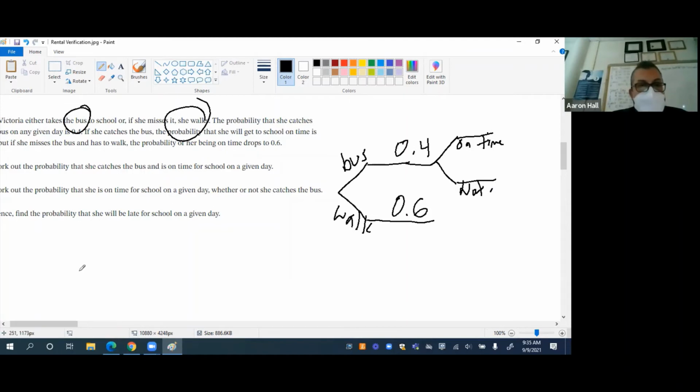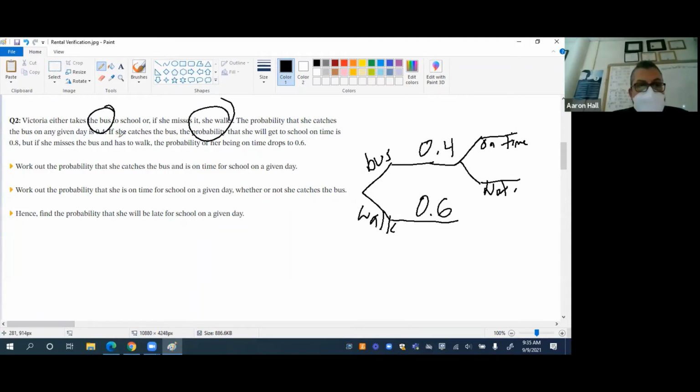So if she catches the bus, the probability she will get to school on time is 0.8. So if she takes the bus, what's the probability she will be on time? And that would be up here, 0.8. What does that mean this has to be then?